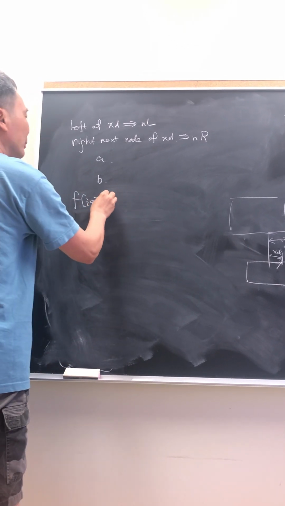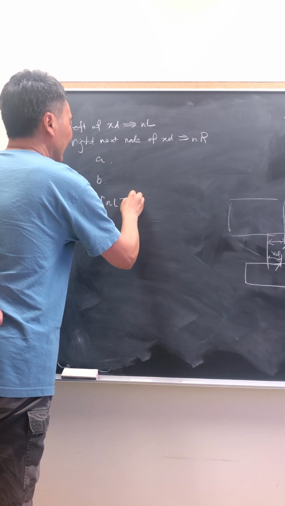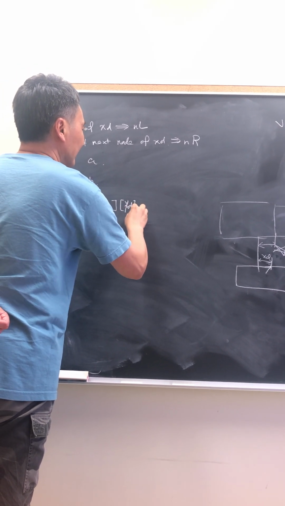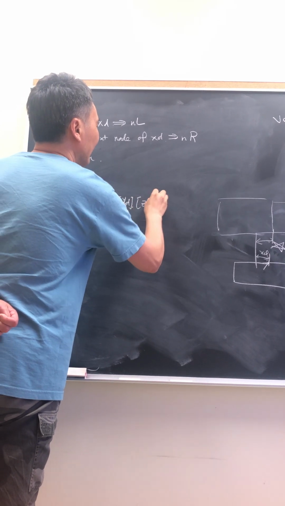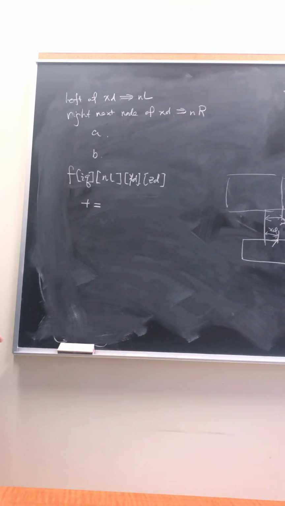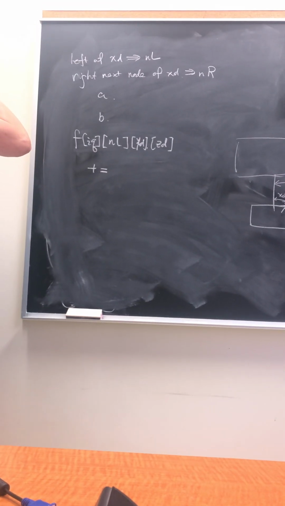And the new position will be NL, YD, ZD. And this one is a plus equal to, remember we play this trick, put those things as zeros, right?